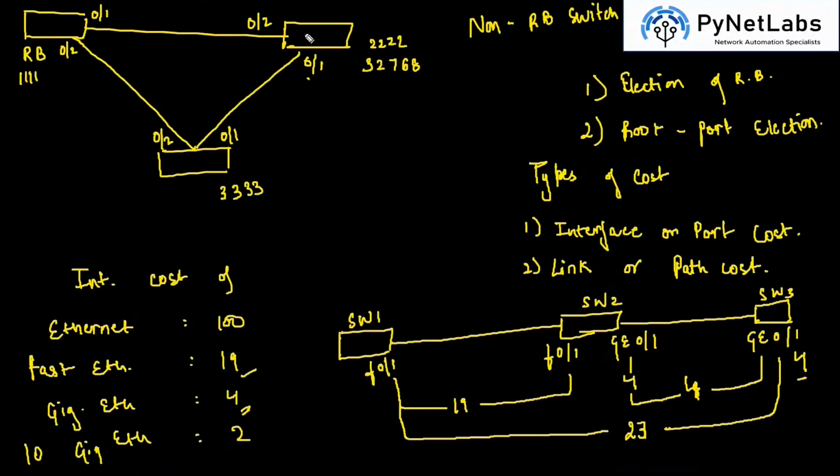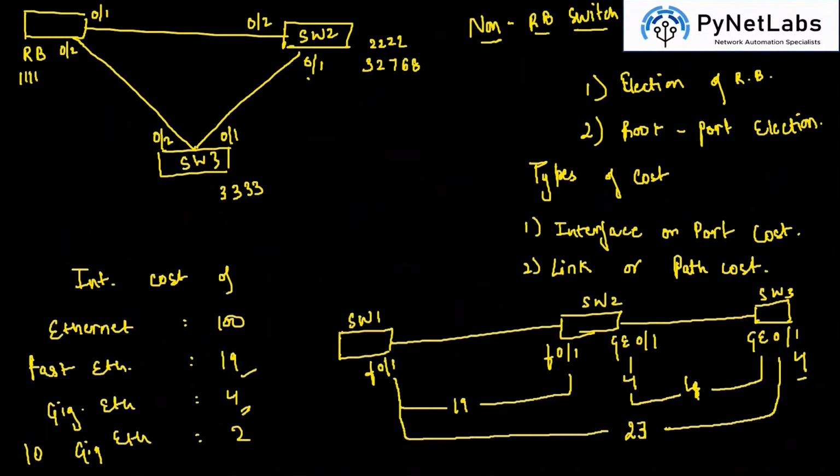So switch 2 and switch 3 are non-root bridge switches, right? Now we can see that there are two ports on switch 2, FA0/2 and FA0/1, and similarly on switch 3 also we have FA0/2 and FA0/1. Now we are going to tell them which port of these two is your root port.